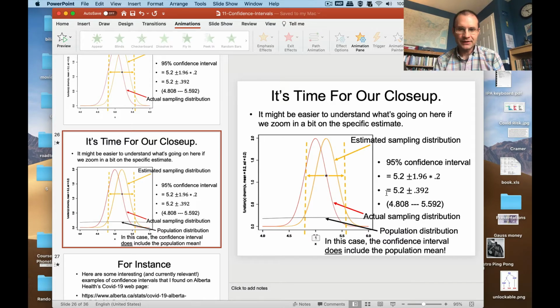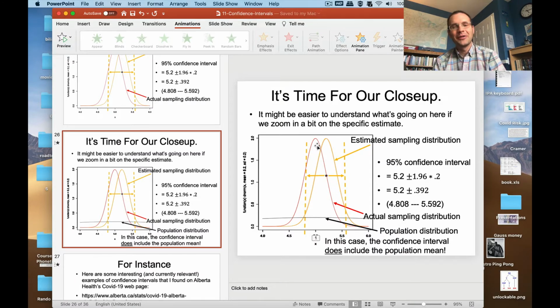When we took a theoretical sample from that population distribution, the mean of that sample was 5.2. So our actual confidence interval is shifted a little to the right on this graph from where we know, from our God's eye view, the population mean is. It's shifted over here between the values of 4.8 and 5.6.